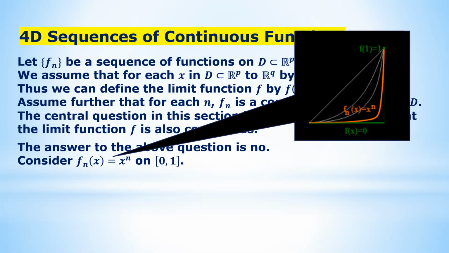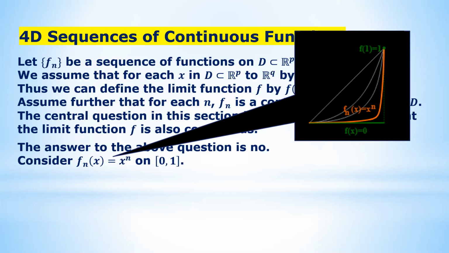The other endpoint is also clear. When x equals 1, 1 to any power is still 1, so for every n, Fn(1) is always equal to 1. That's why all these curves end up at the same point, the point (1, 1). And now between 0 and 1, something funny happens.